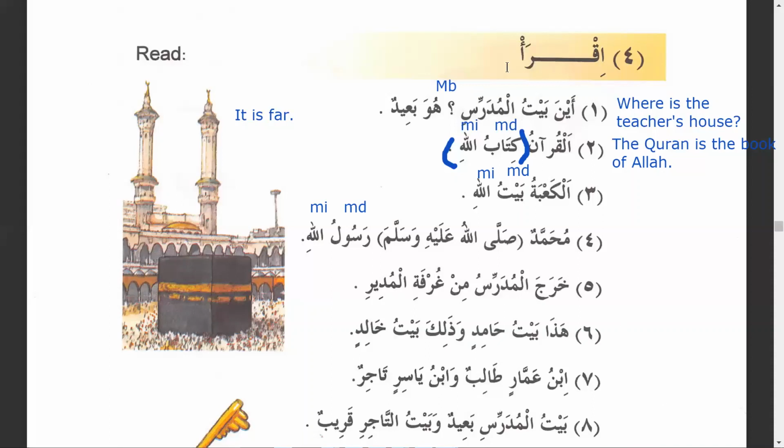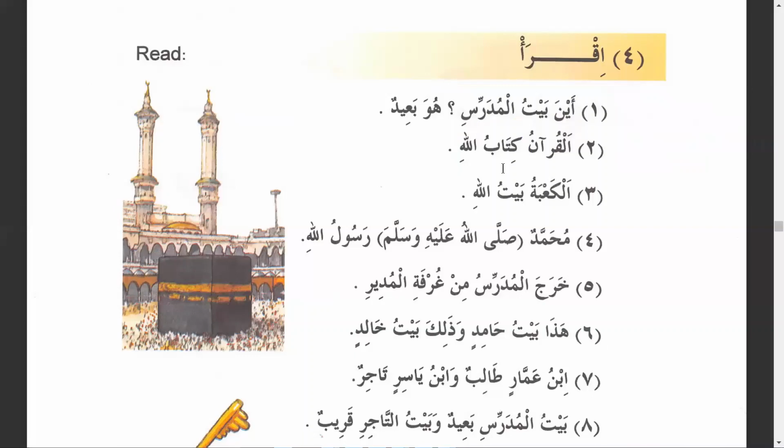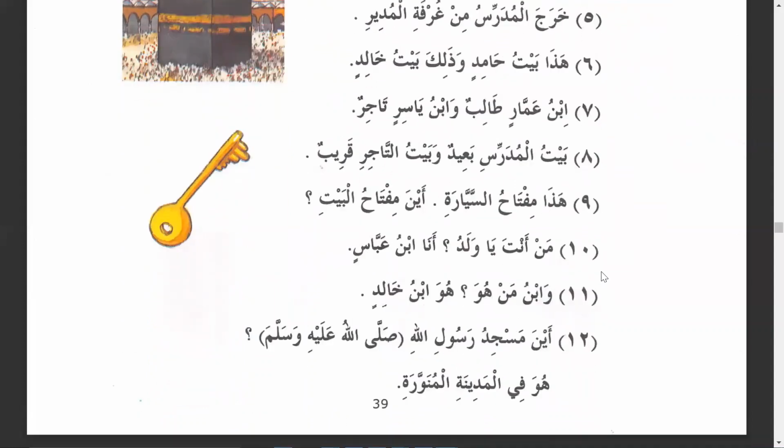Let me clear the writings and then scroll down. Okay, we are going to finish this page and inshallah then we are going to end our session. We did the 6th one and now this is the 7th one.